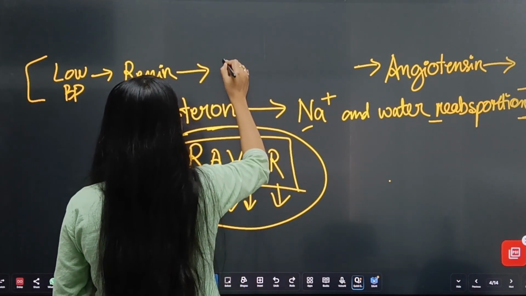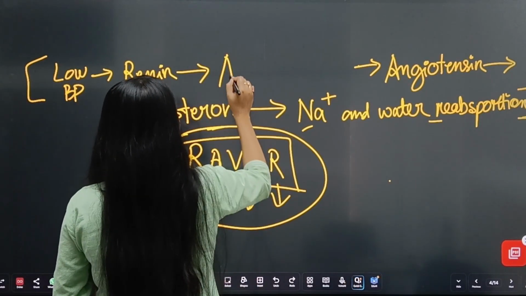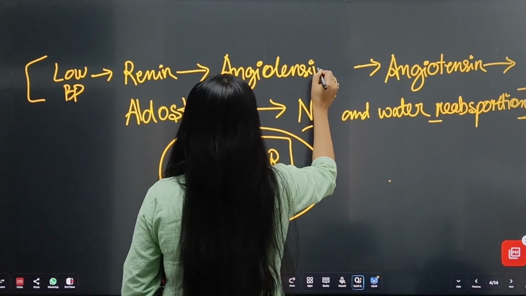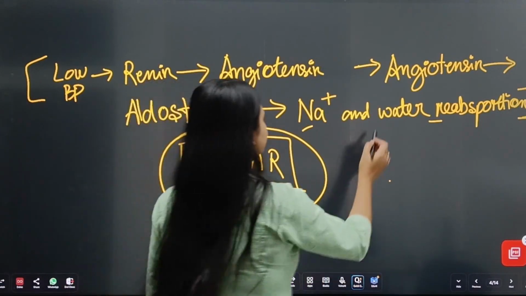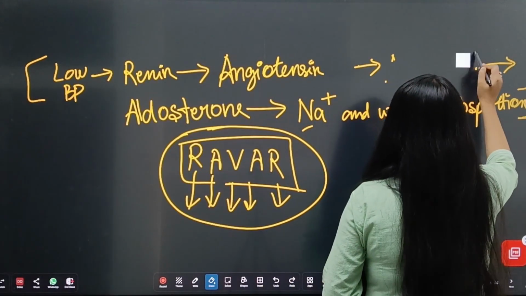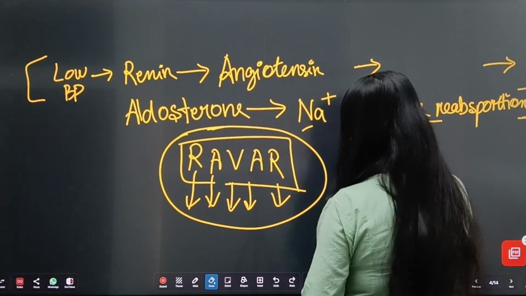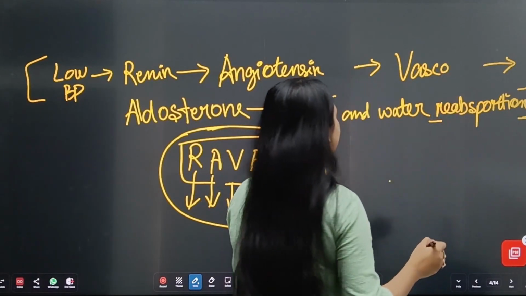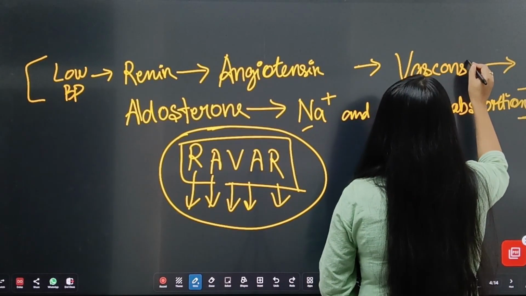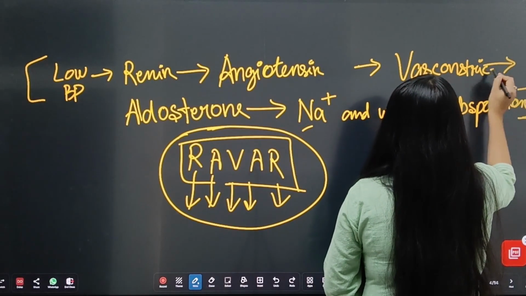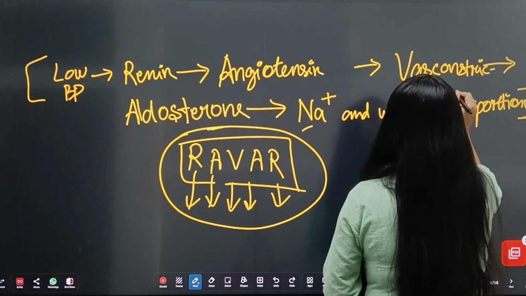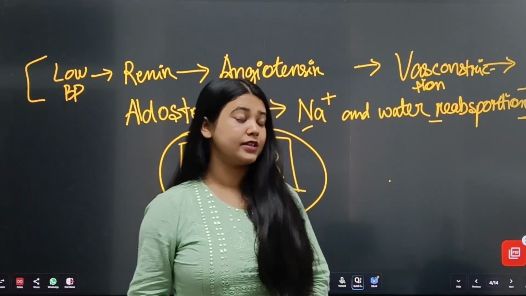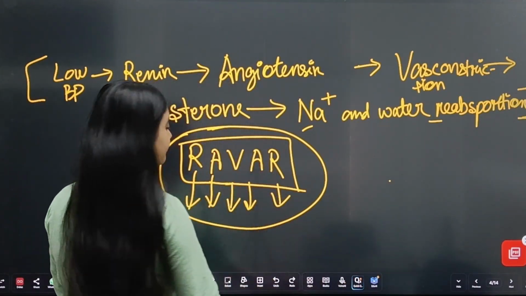Here it will be angiotensin, and here it is vasoconstriction. Just a small error. So yes, the trick is ravar only. It's not R-V-A-A-R, but R-A-V-A-R.